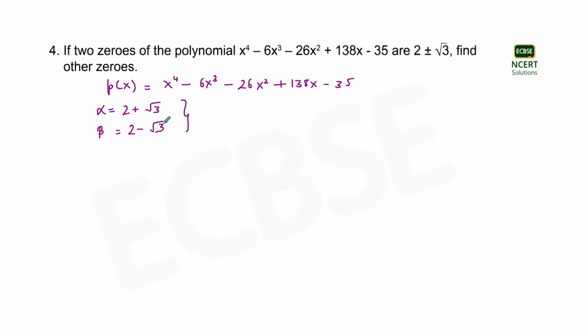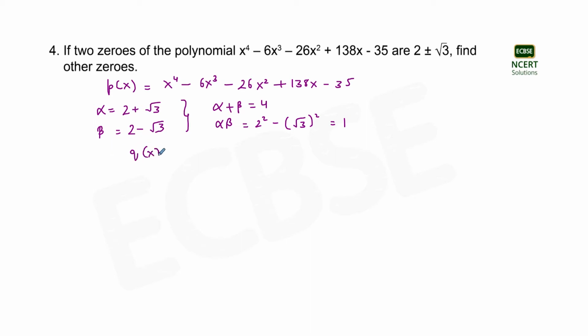Alpha plus beta is equal to 4, and the product alpha times beta is equal to 2 squared minus root 3 squared, which comes out to be 1.